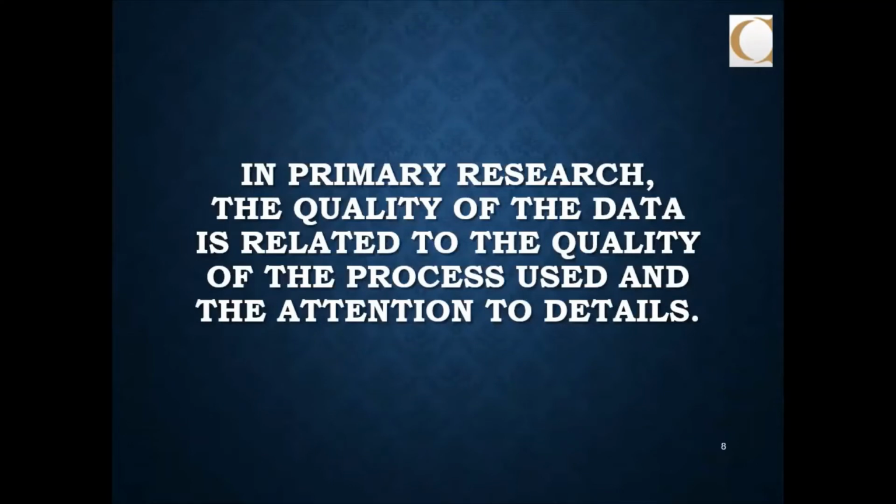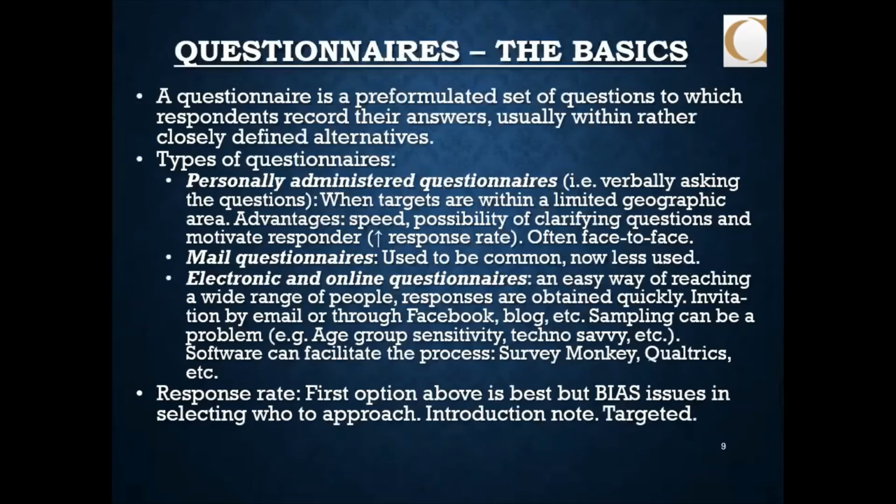So in primary research, the quality of the data is related to the quality of the process used and the attention to detail. A questionnaire is a pre-formulated set of questions to which respondents record their answers, usually within closely defined alternatives. There can be personally administered questionnaires, so verbally asking the questions.